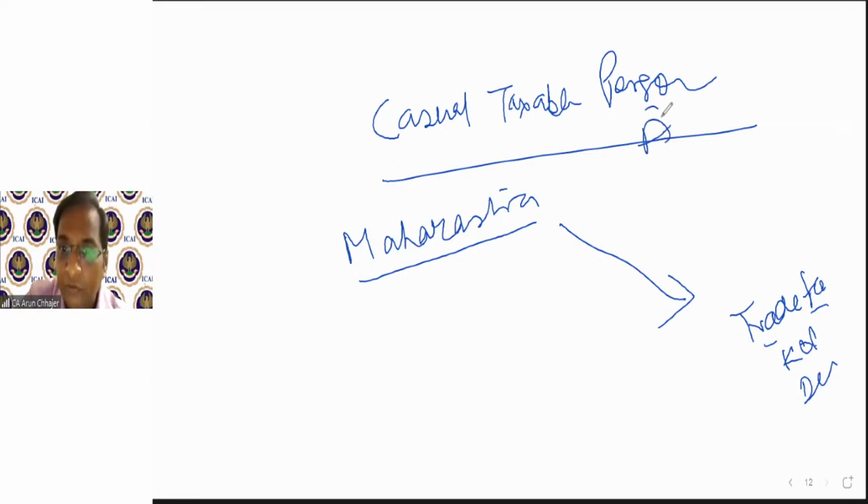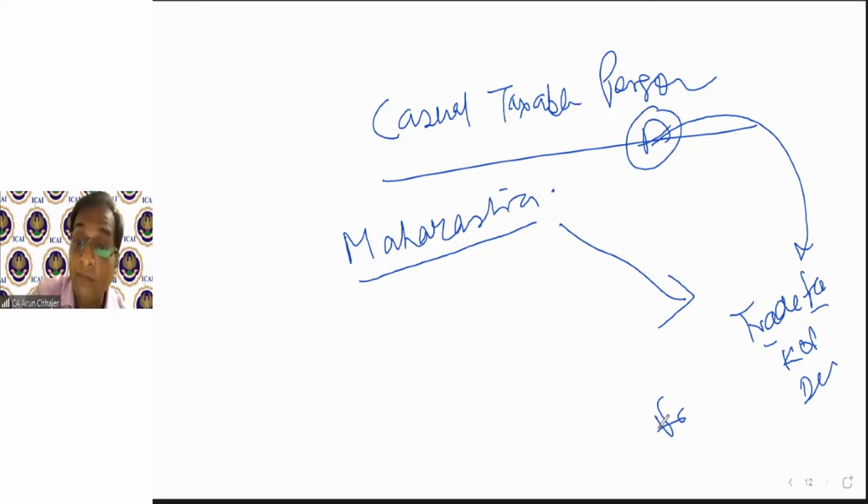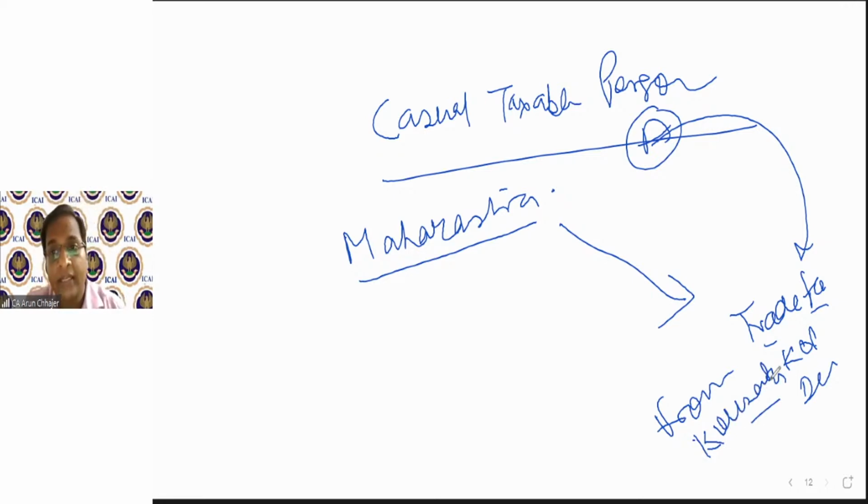I am coming from Maharashtra to Calcutta. From that Kolkata, I am making the taxable supplies. From that state, I am making the taxable supplies. But I do not have any fixed establishment in that state. Let me repeat once again.